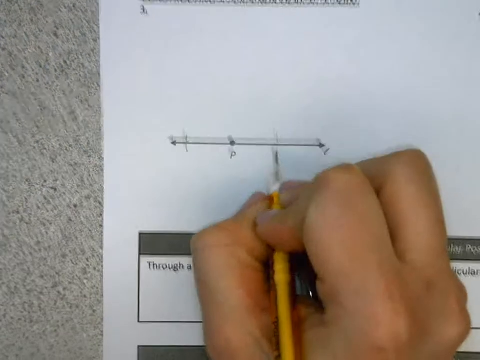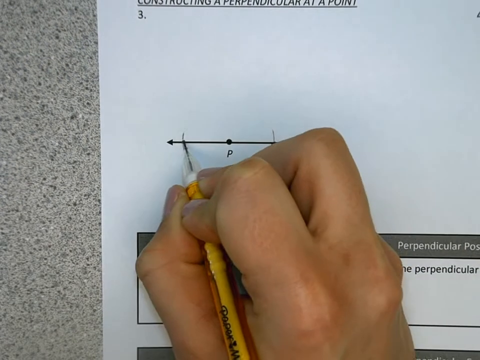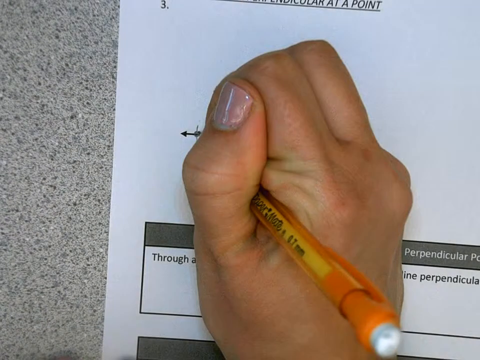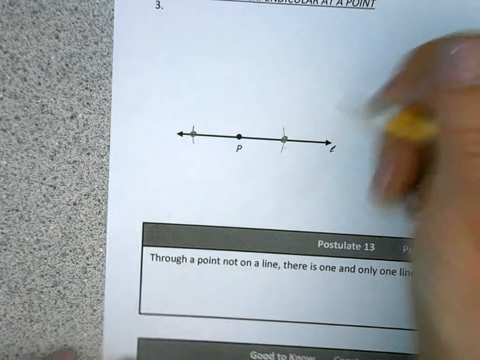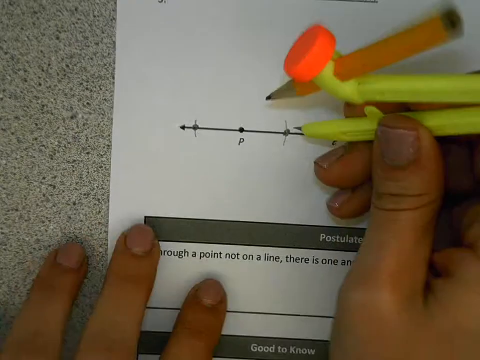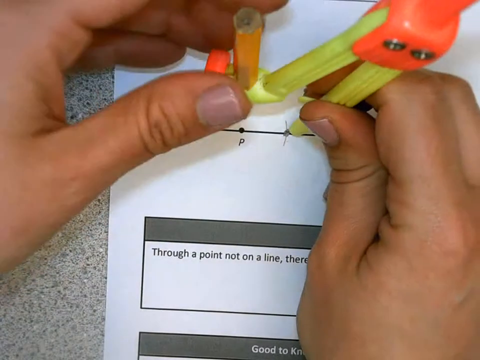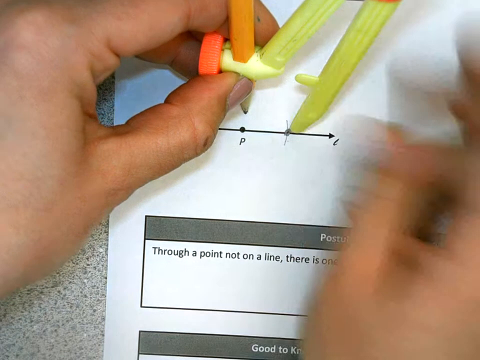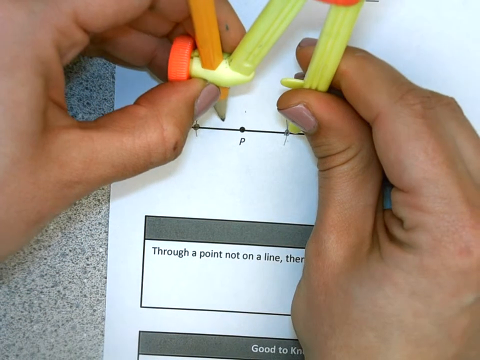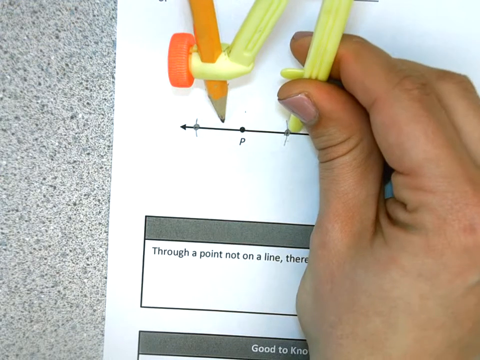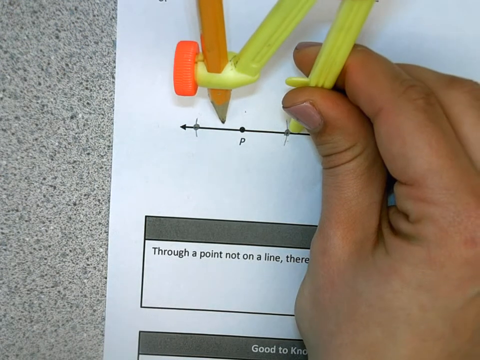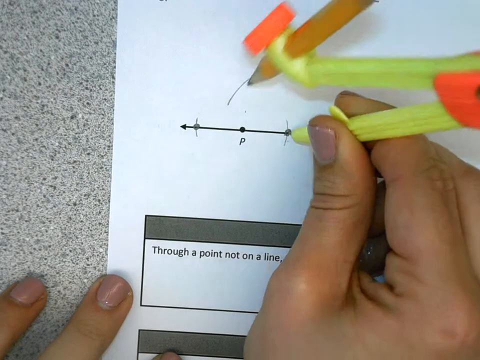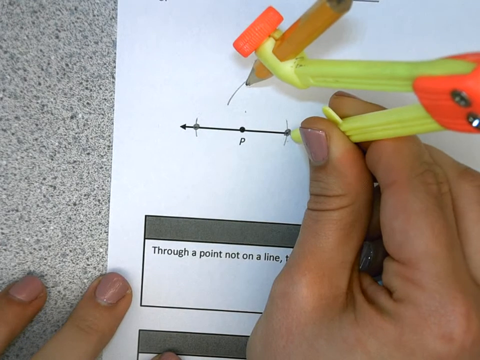And we're going to use those endpoints. So now we've constructed a segment, and we're going to use those endpoints to draw another arc, but we have to make it bigger than half or else they won't intersect. So putting your compass on one of those endpoints, open it so that it's a little wider than half. Draw an arc above, and then flip it over.